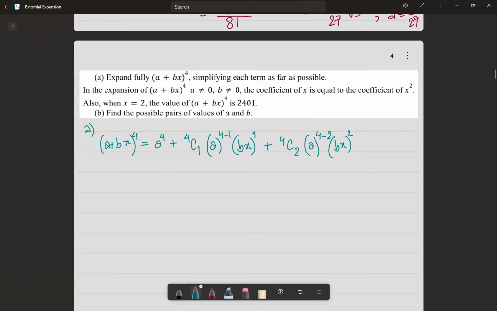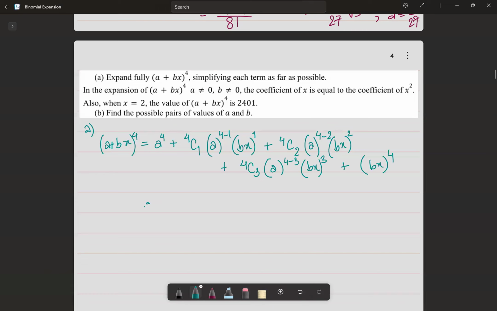Then we have 4c3 a to the power 4 minus 3 and bx to the power of 3. And lastly, we have bx to the power of 4.